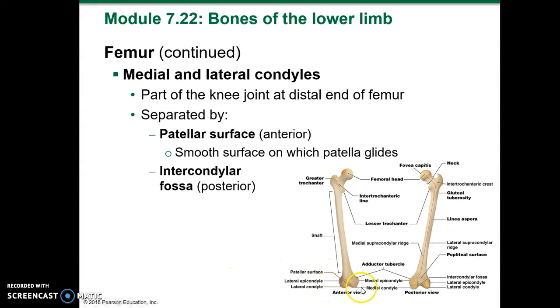We have both medial and lateral condyles at the edge of the distal end. And these are separated by what we call the patellar surface, a smooth surface where the patella glides. And we have the intercondylar fossa posteriorly here.